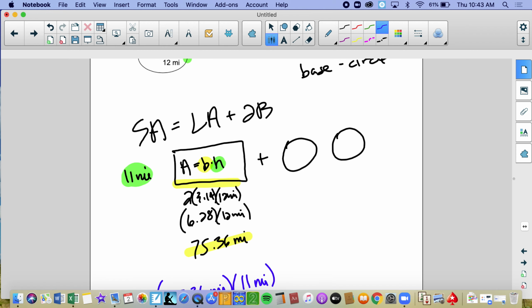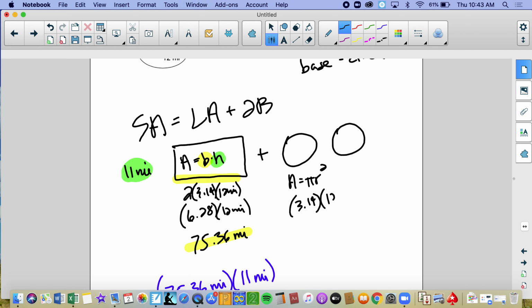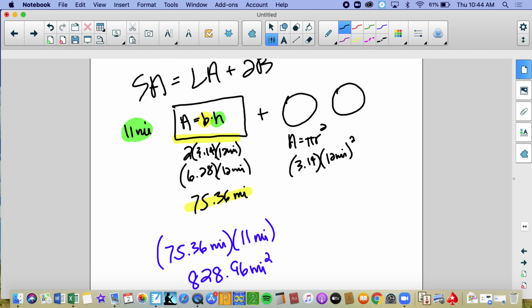Now let's look at my bases. The base shape is a circle. How do you find the area of a circle? Area of a circle is pi r squared. Pi is going to be 3.14. The radius, as we said, was 12 miles squared. So we're going to square first. 12 miles squared gives me 144 miles squared.